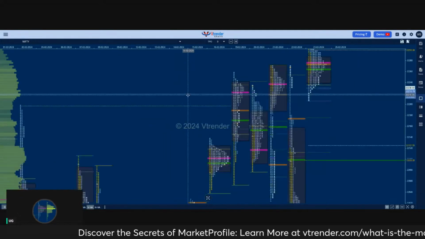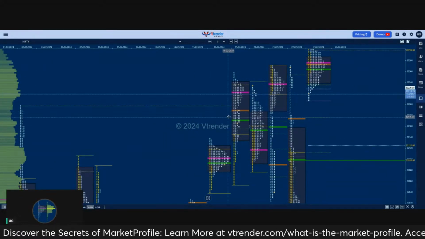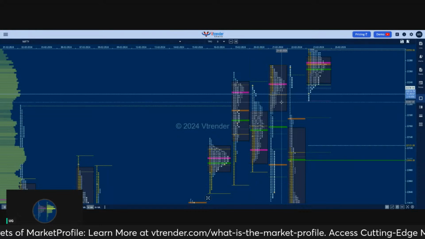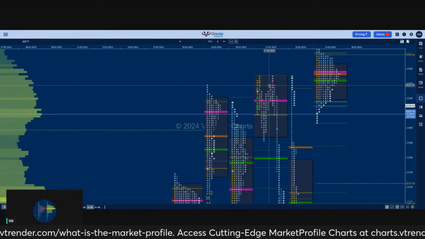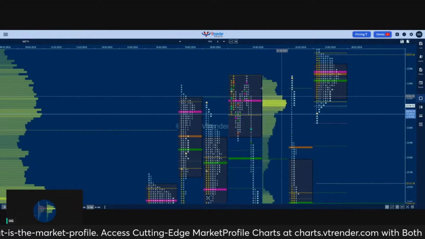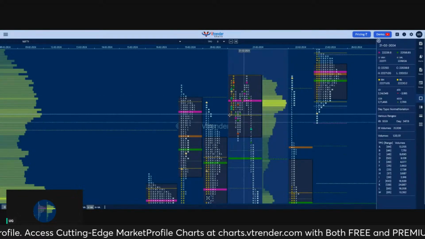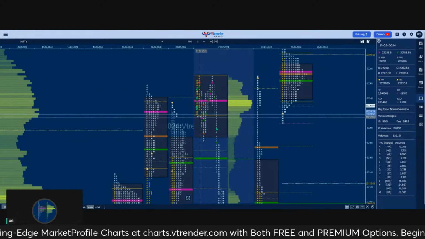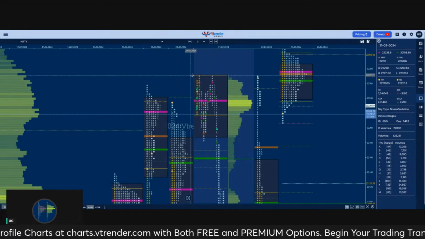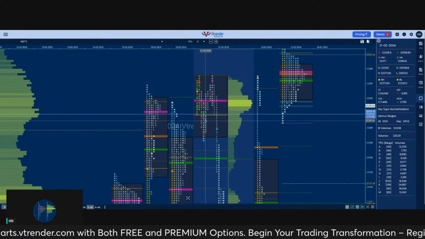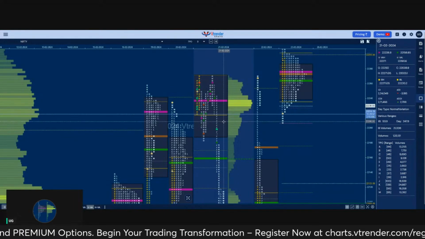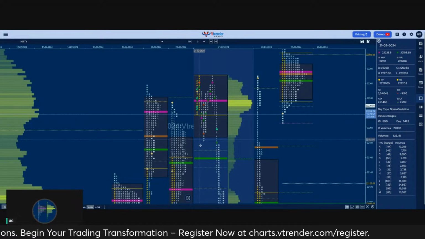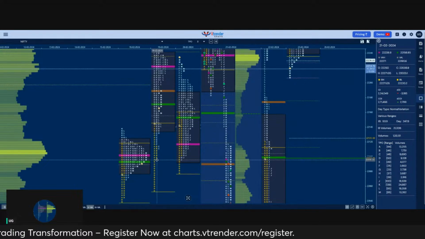So as you can see, after this 19th profile, we formed an inside bar, and then what we did was we opened higher on the 21st. And again, we can see that we have not got any initiative buying tail here. So for us to continue higher, we need an initiative buying tail in an A period or a B period, which we got on the 19th and which we got here.